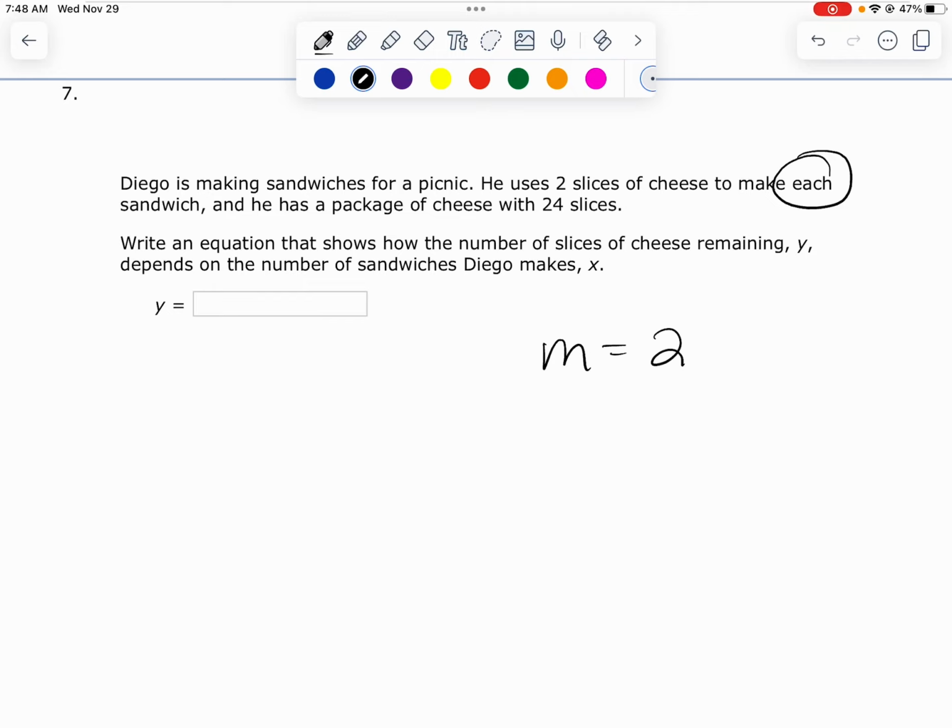His package of cheese has 24 slices, so he starts with 24. How many cheese remaining? So each time he makes a sandwich, we would have 2 less. So y equals negative 2x plus 24.